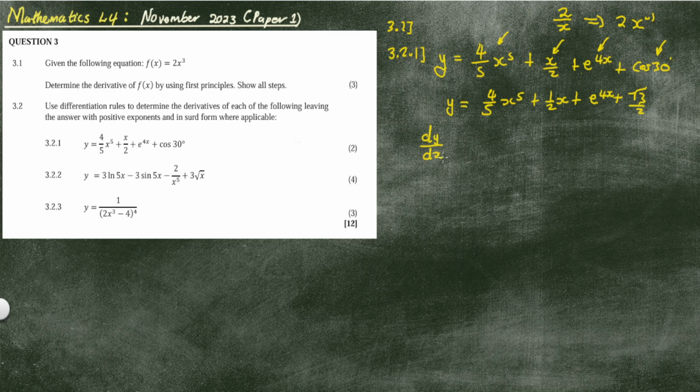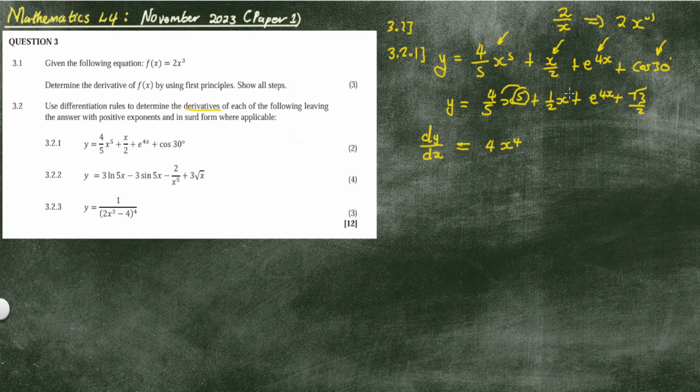Now you can get your first derivative. So dy over dx is equal to: we take this 5 and multiply by 4 over 5, and we get 4x, then 5 minus 1, that's 4.